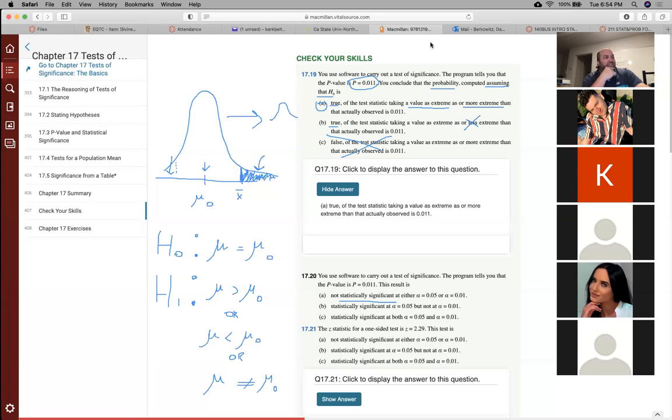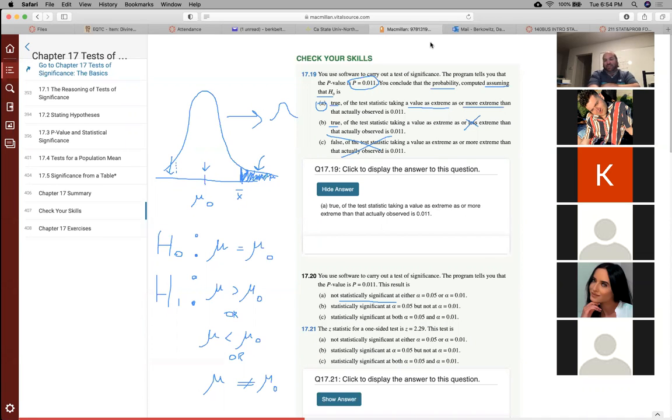Alpha is the level of significance. It's essentially the cutoff point at which you decide whether or not you are going to reject the null hypothesis. If the p-value is less than alpha, you reject the null hypothesis. If the p-value is not less than alpha, then you do not reject the null hypothesis.